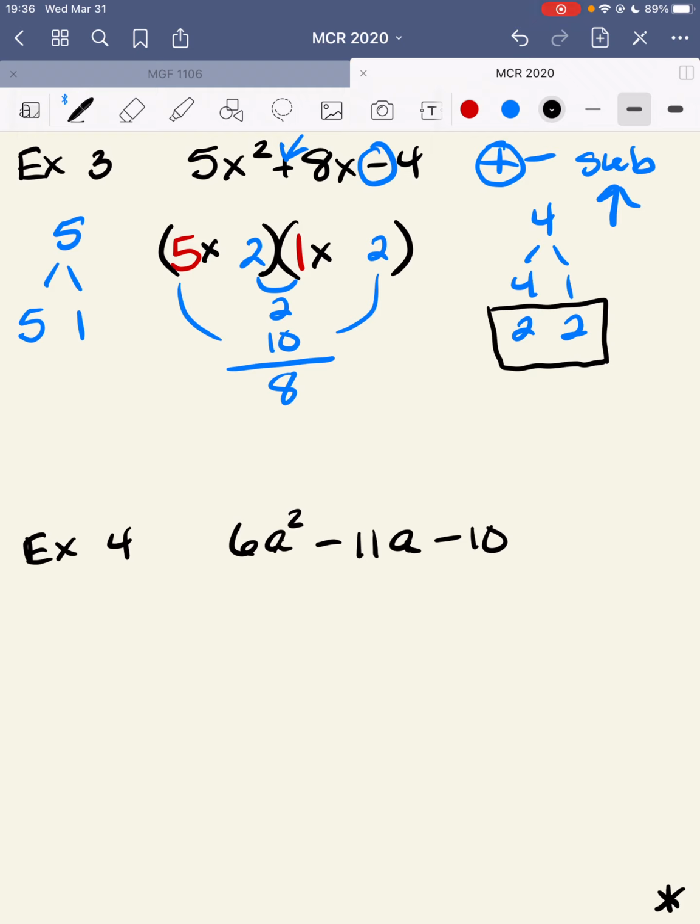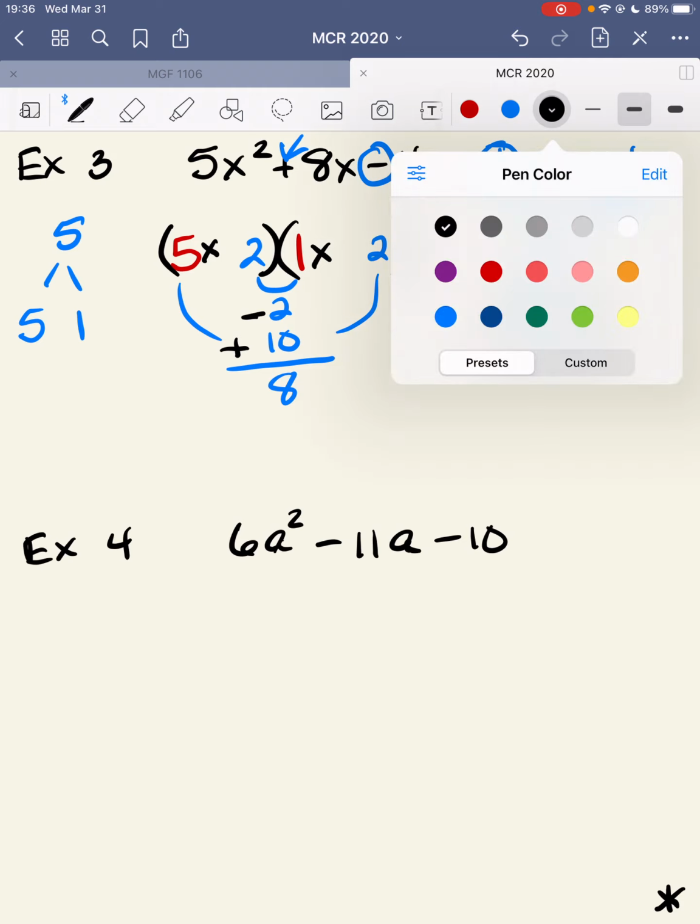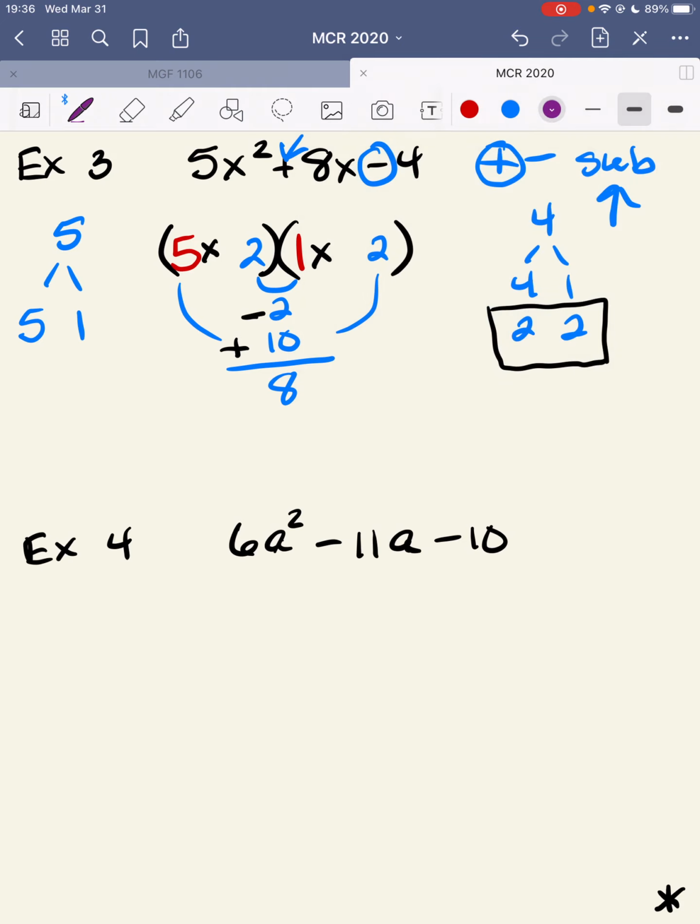And now I got to do my signs. So my larger number must be plus, so that's my 10, and this 2 must be minus. Okay? The top number in your necklace, that sign, goes in your first binomial, always.